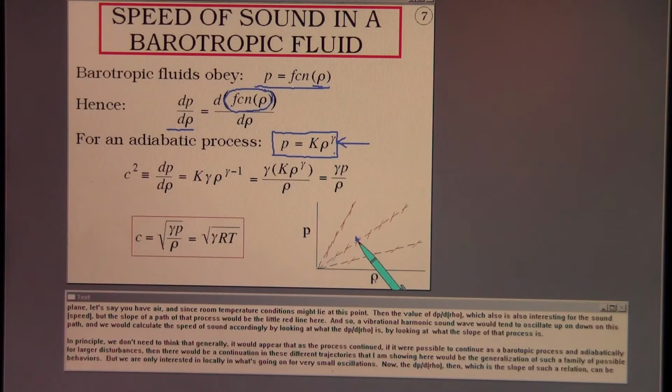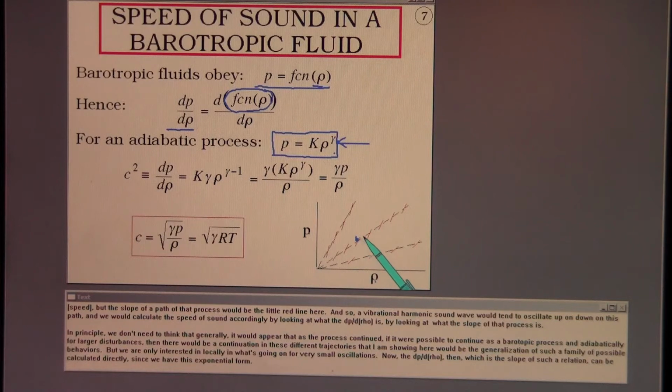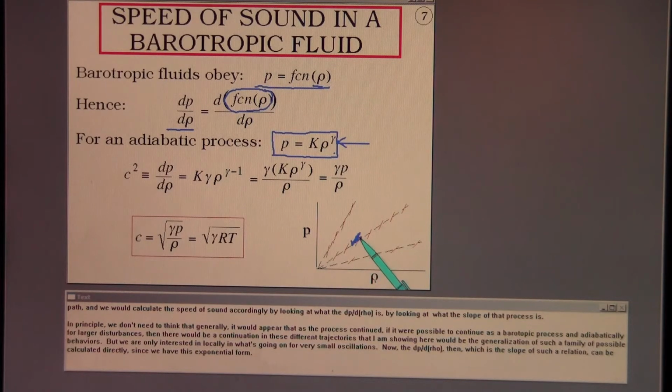Then the value of dp d rho, which also is interesting for the sound, the slope of a path of that process, would be the little red line here. And so a vibrational harmonic sound wave would tend to oscillate up and down on this path. And we would calculate the speed of sound accordingly by looking at what the dp d rho is, what the slope of that process is.